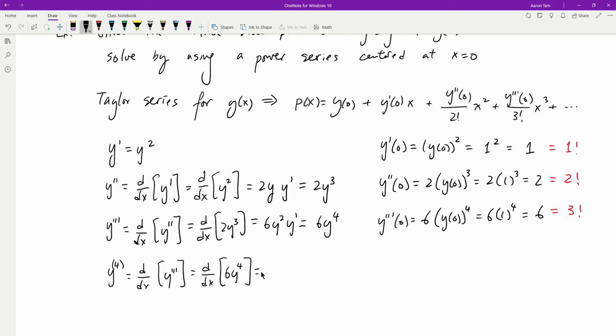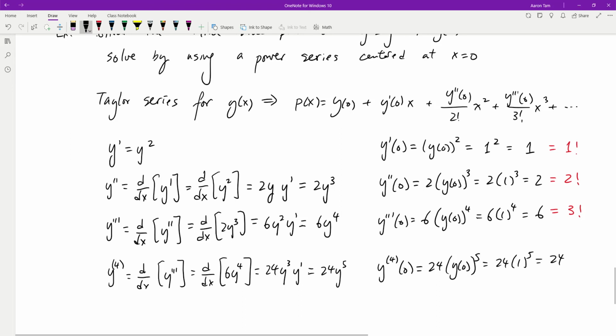And that comes out to be 24y to the third y squared. That's 24y to the fifth. If I plug in 0, I'm taking 24 times y of 0 to the fifth. That's 24 times 1 to the fifth, which is 24. And yes, some of you might recognize that is 4 factorial.